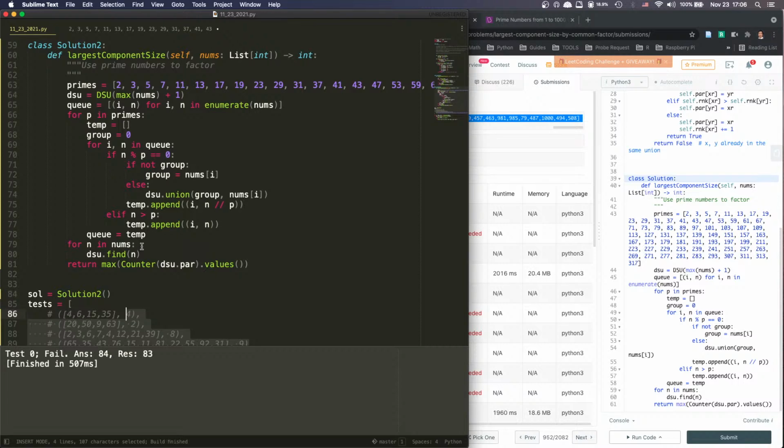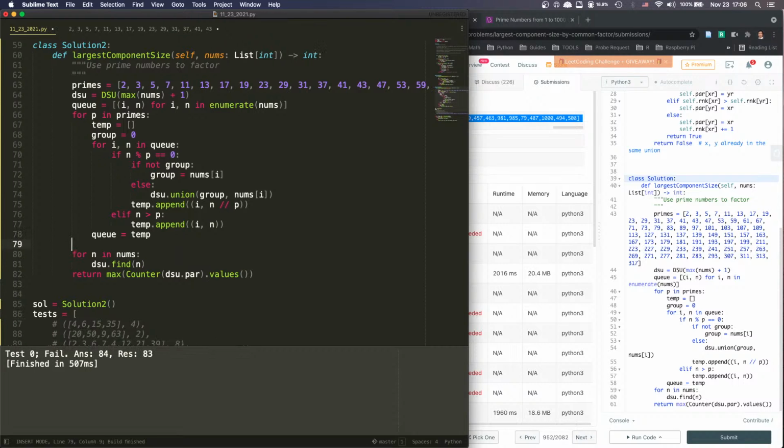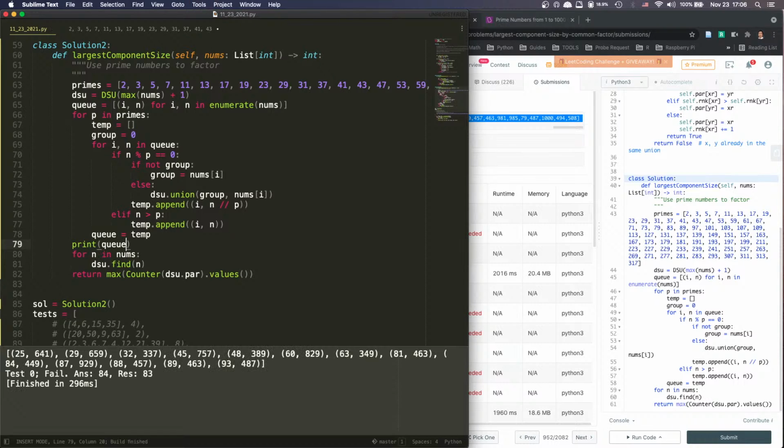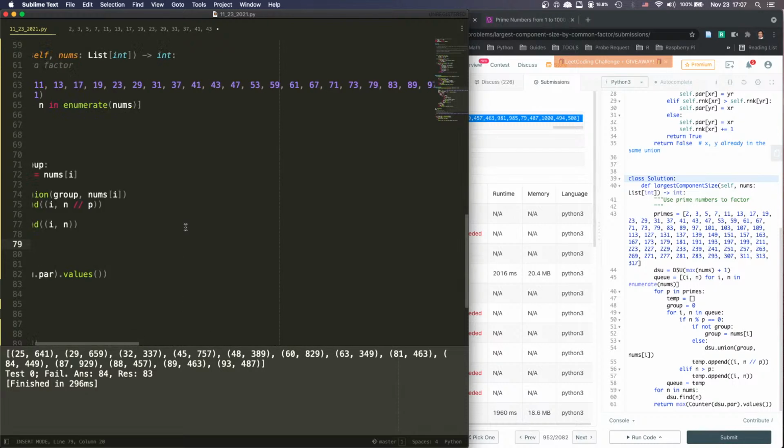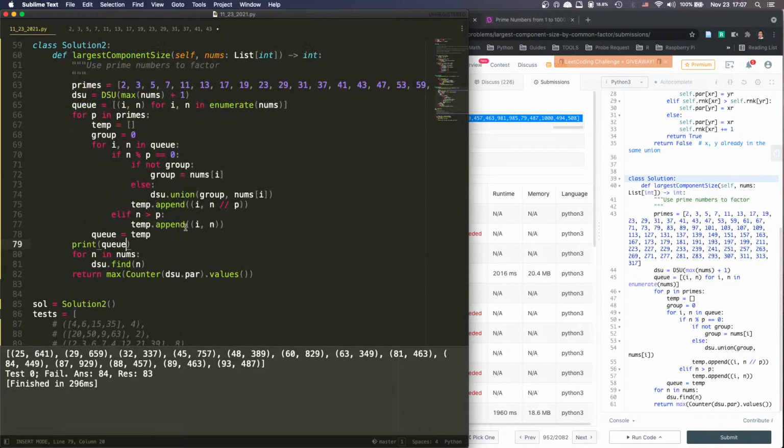I don't know. Do we have something in Q after it's all done? Yep, we do have something left in Q, and they are all big values. And we have run out of prime numbers. Are they all prime numbers?